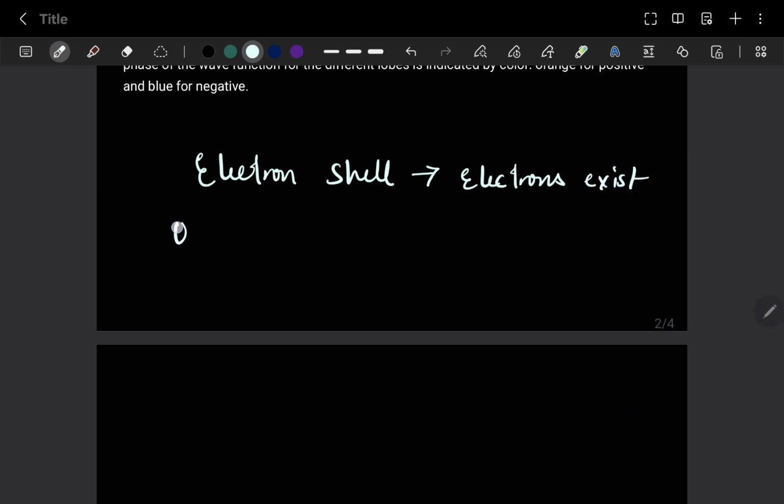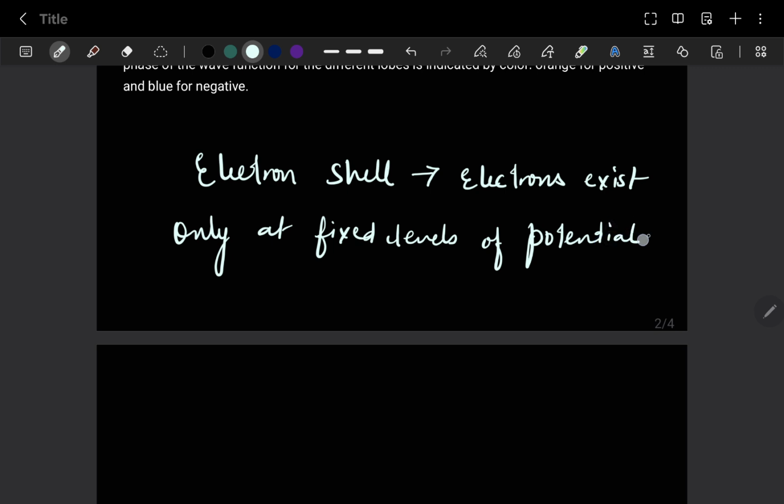Now, to make the study simple, it is said that electrons are found in spaces with fixed energy levels, and we call them electron shells. The electrons exist only at fixed levels of potential energy. There are degenerate orbitals.